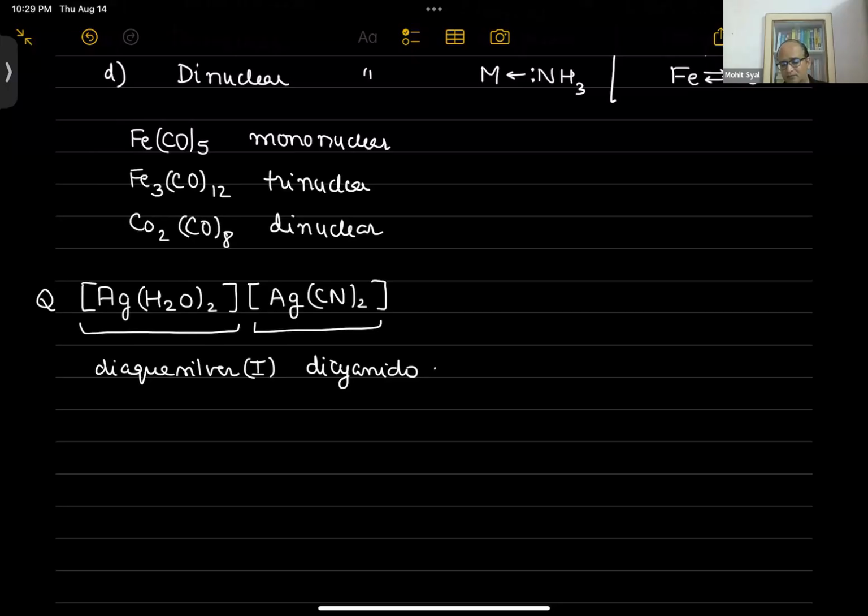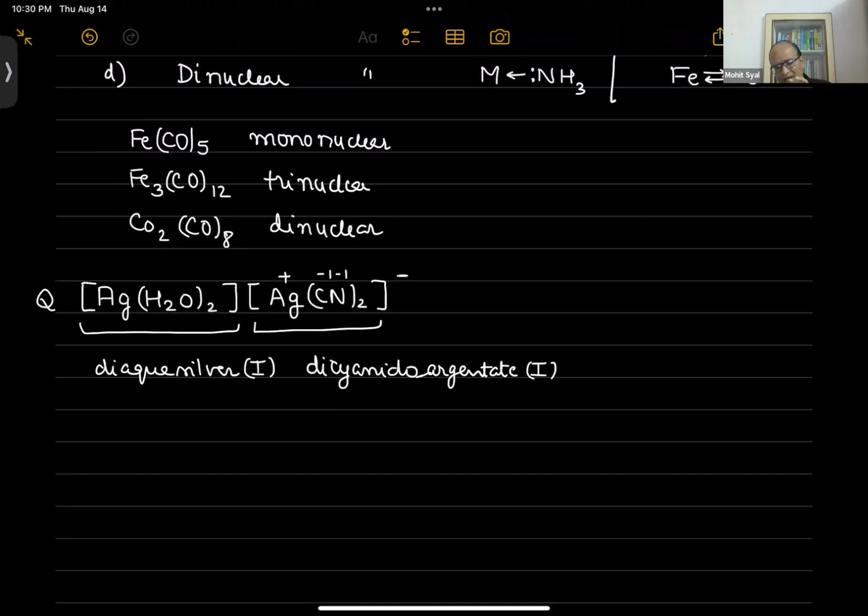What's the Latin name? Argentate. Silver is +1, but because there are two cyanide, -1, -1, the whole bracket acquired a negative charge.